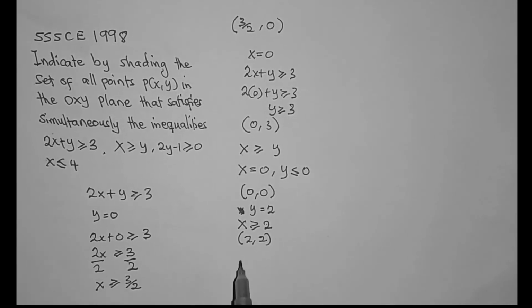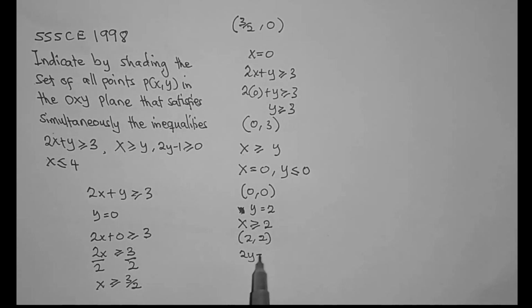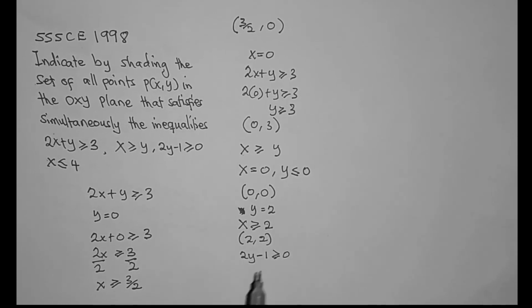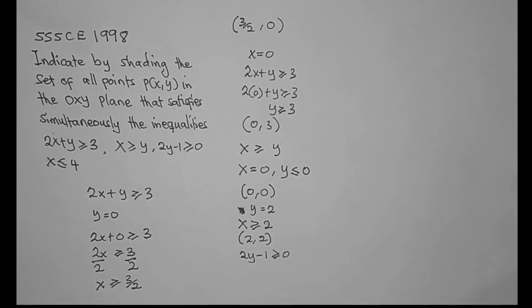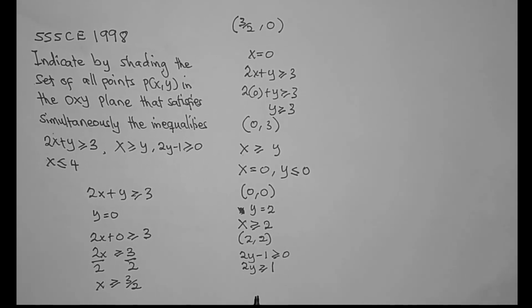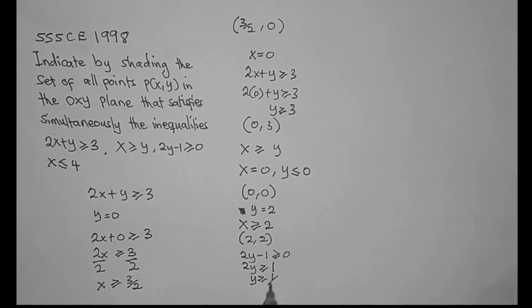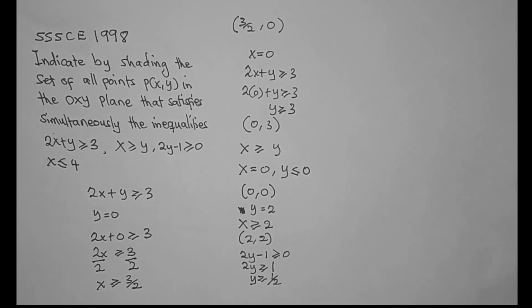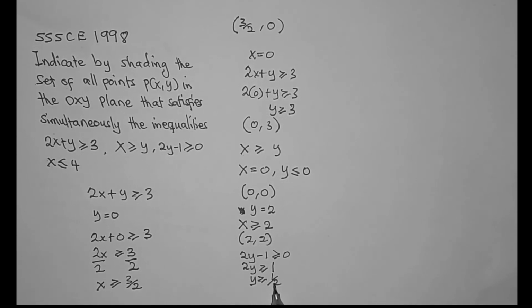Let's take this one as well. The inequality is 2y minus 1 is greater or equal to 0. So let's solve it. This becomes 2y is greater or equal to, taking minus 1 to this side, 1. So dividing through by 2, we see that y is greater or equal to 1 over 2. At this point, x is 0.